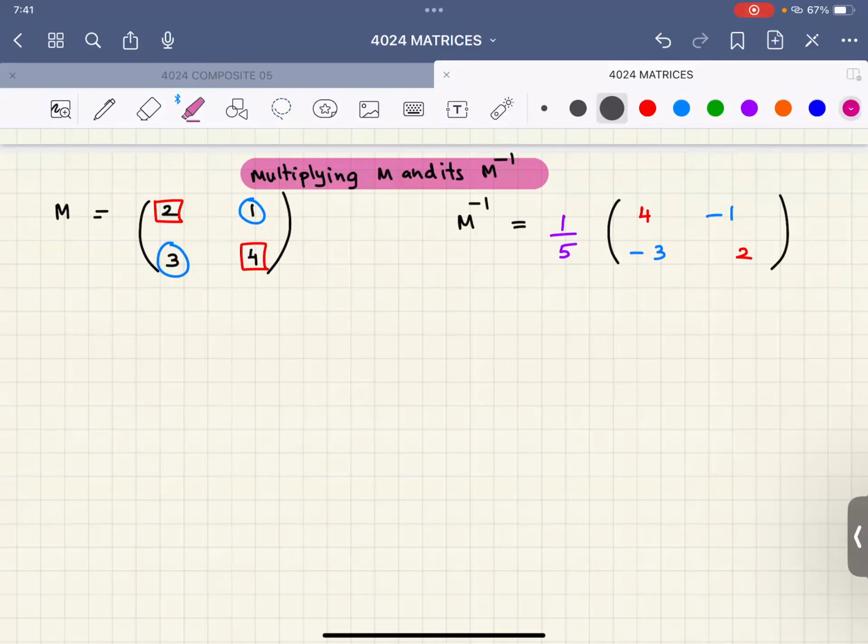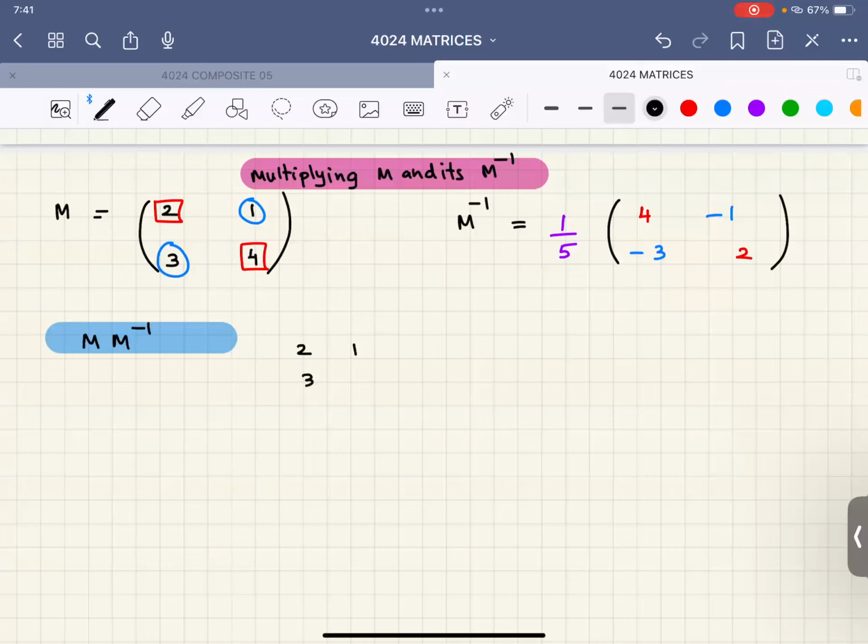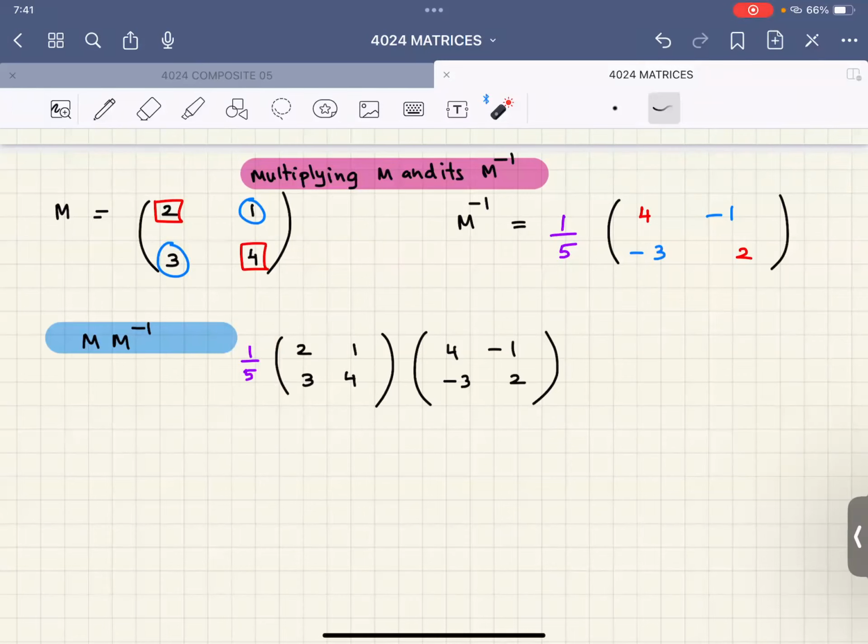Now, the first option is that I'm multiplying M with M inverse in this order. So I'm writing 2, 1, 3, 4. I'm multiplying it with 4, -1, -3, and 2. And I'm writing this 1/5 on the outside. It doesn't make a difference. Now, this is column.